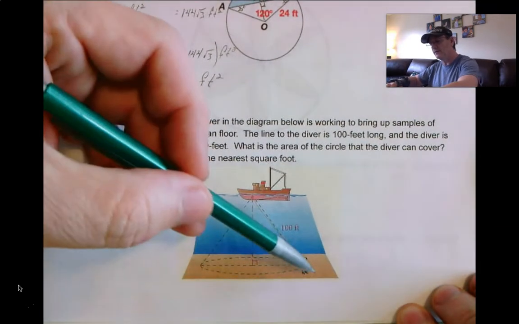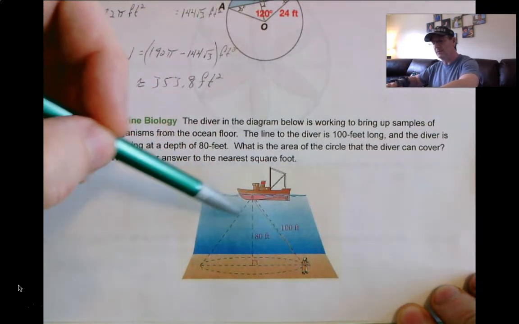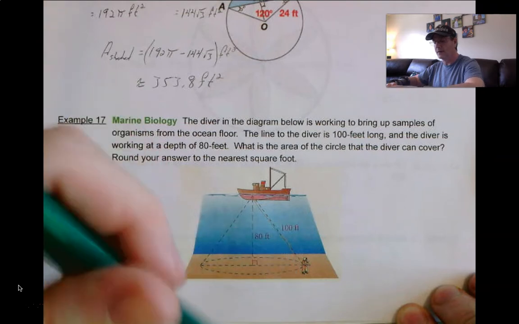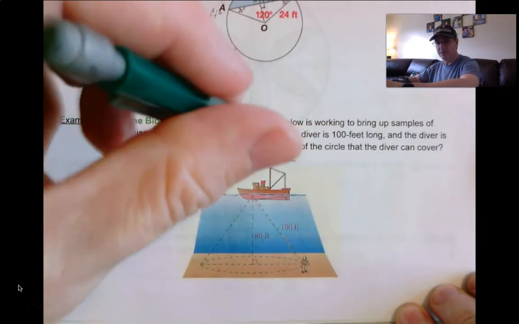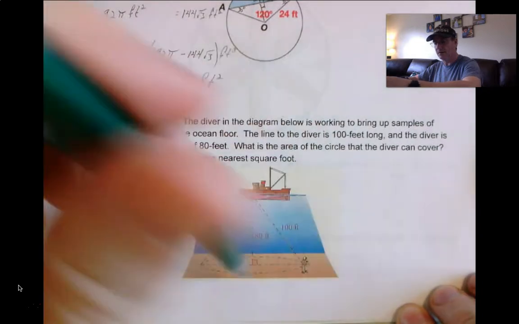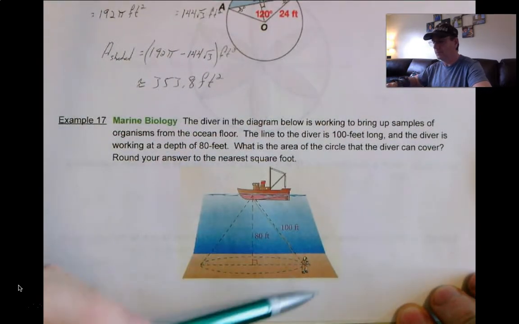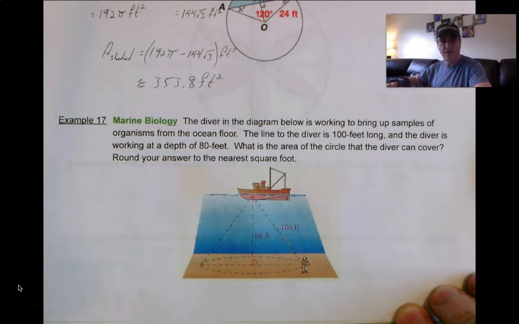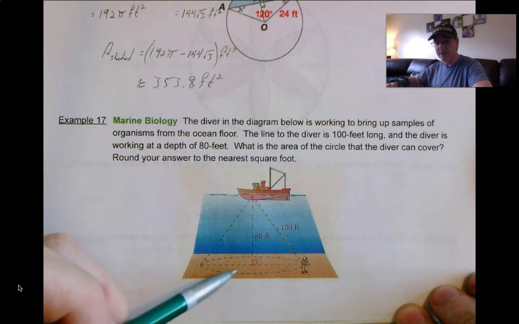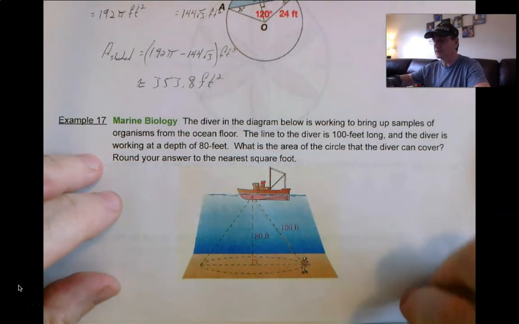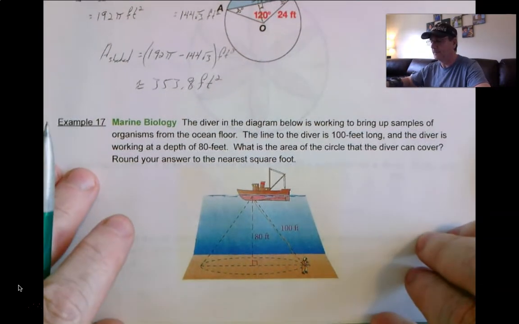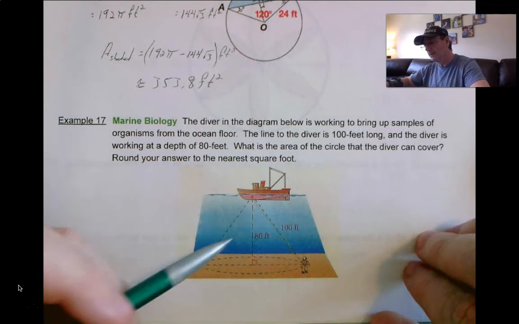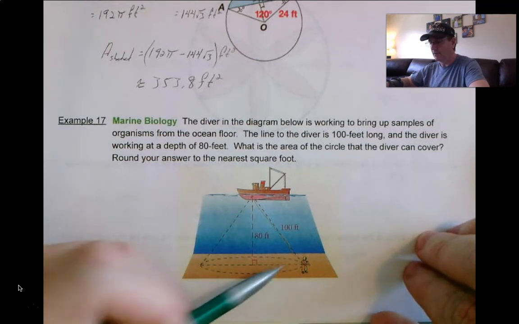So you want to think of this as like a cone being formed by the diver's air hose, keeping the diver in that circle. Now they can go inside the circle, but they can't go outside of that circle because the air hose wouldn't let them, right?